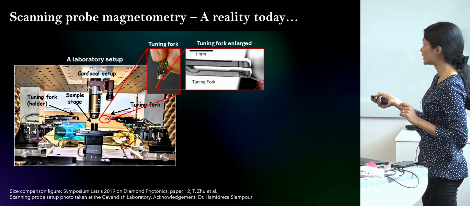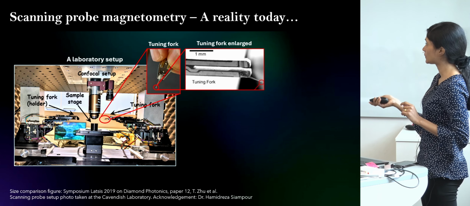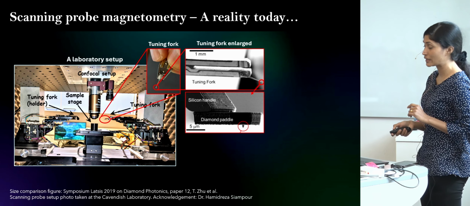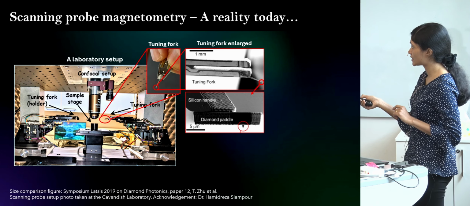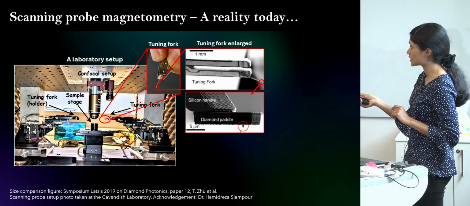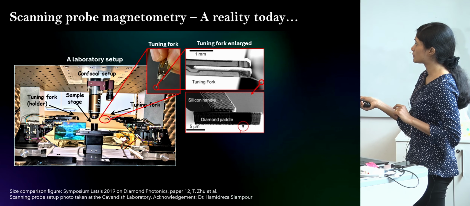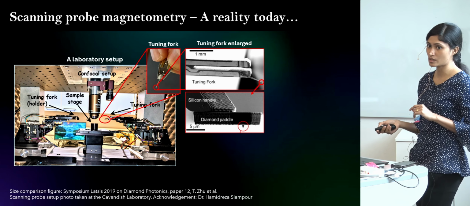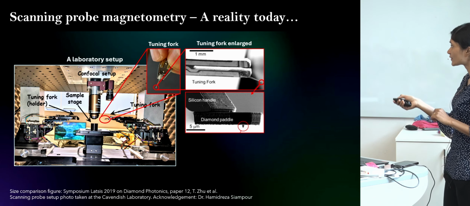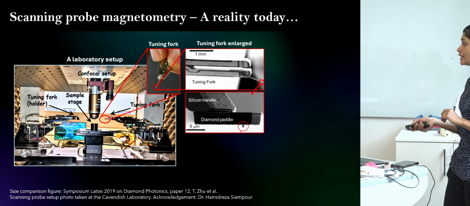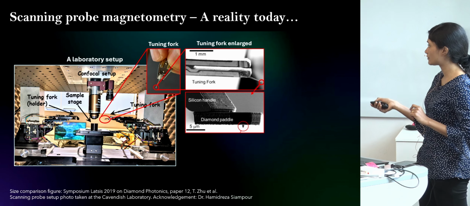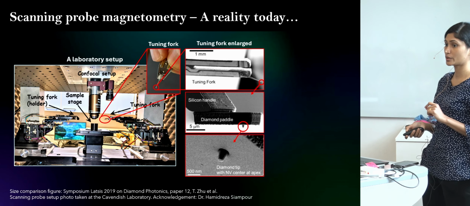And if you zoom right into the tip of that silicon tip, this is what it's typically going to look like. So this is the end of this silicon handle or tip. At the end of it there's a few tens of micrometers long diamond paddle. And at the very end of that diamond paddle there's a tiny diamond tip, and if you zoom onto that, this is how it's going to look like.